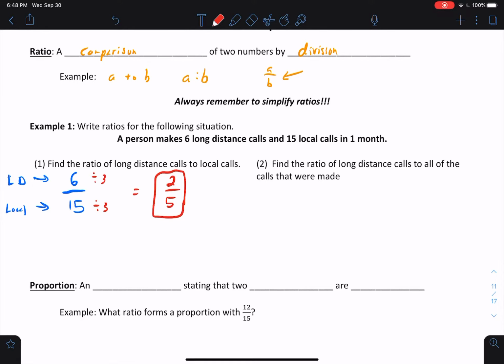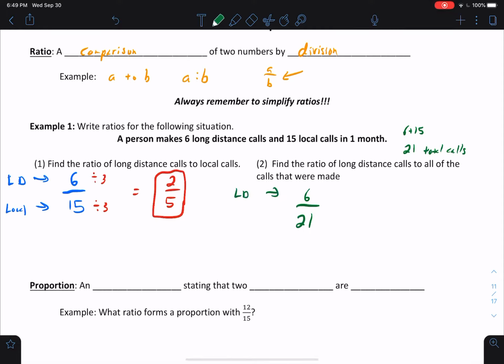All right, next one, find the ratio of long distance calls to all of the calls that were made. So this doesn't tell us how many calls were made, but it does say they made 6 long distance and 15 local calls. So if I add those together, I'll get that they made 21 total calls. So long distance compared to the 21 total calls.